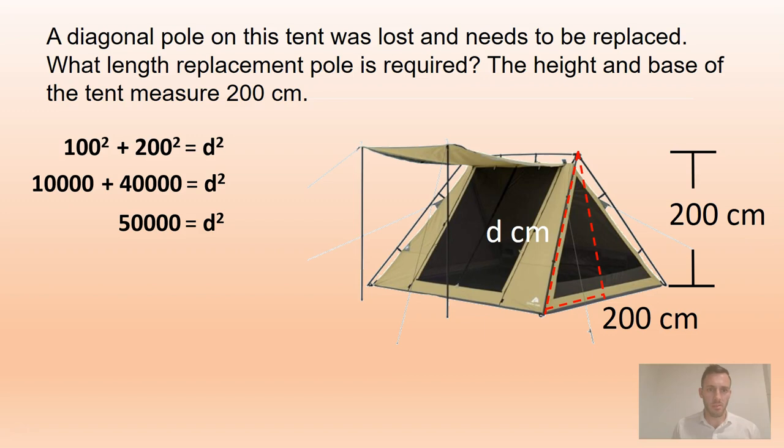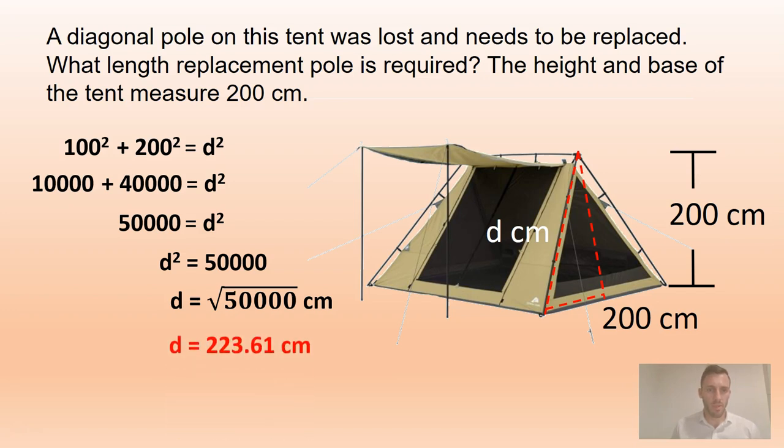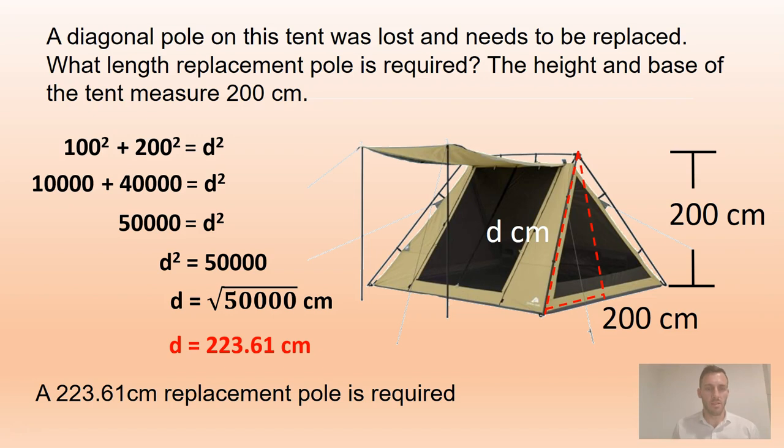And we get 50,000 equals d squared. Square root both sides, and we get d equals the square root of 50,000 centimeters. And we get d is 223.61 centimeters. We write our answer in sentence form. We go: a 223.61 centimeter replacement pole is required.